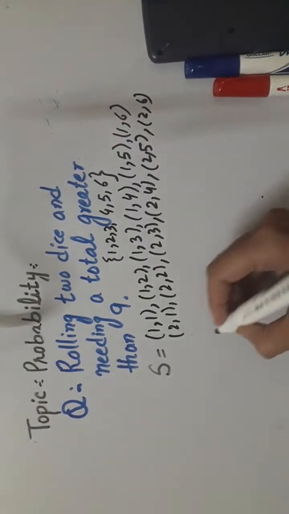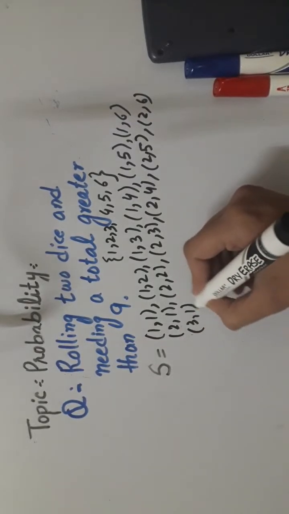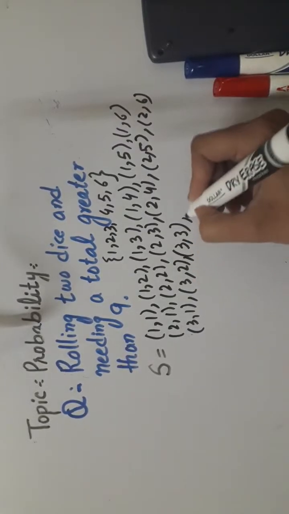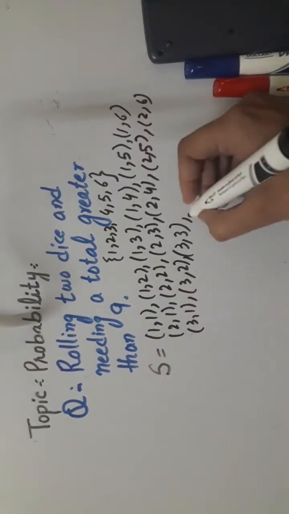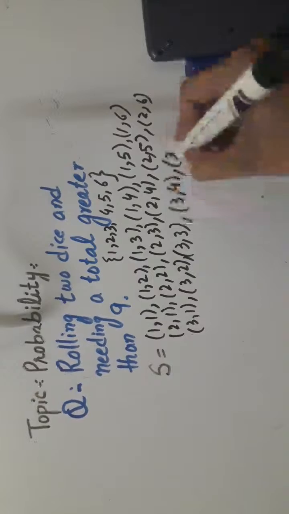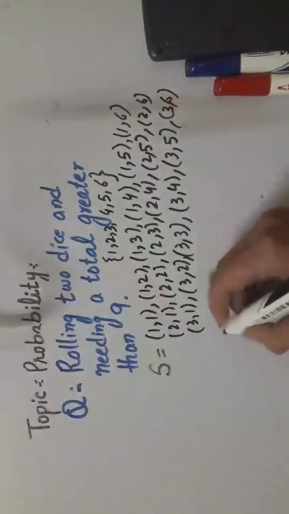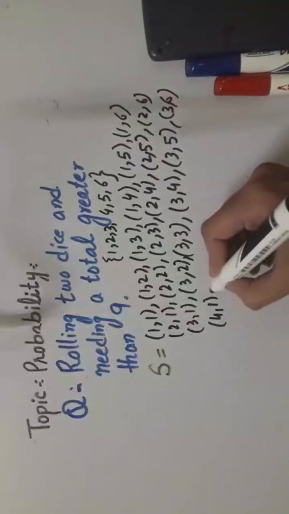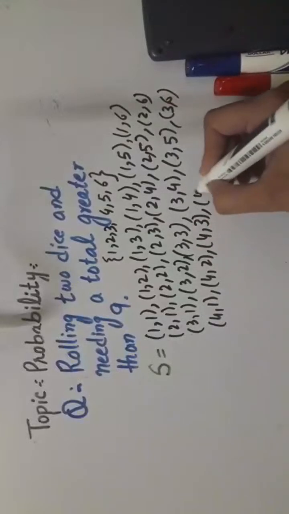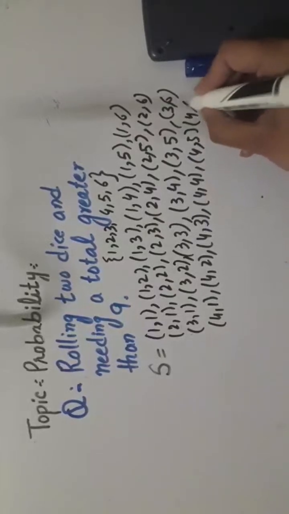In this way, we will make our sample space: 3 and 1, 3 and 2, 3 and 3, 3 and 4, 3 and 5, 3 and 6, and 4 and 1, 4 and 2, 4 and 3, 4 and 4, 4 and 5, 4 and 6.